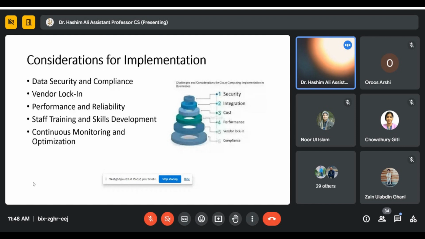Then we will consider the performance, and then we will look for the vendor lock-in, where different vendor evaluations, assessing migration strategies, and developing exit plans can help organizations anticipate and mitigate potential vendor lock-in risk before committing to a particular cloud provider. And last but not least, that is the compliance. So these are the considerations for implementing or for migrating or for going towards the cloud computing paradigm.